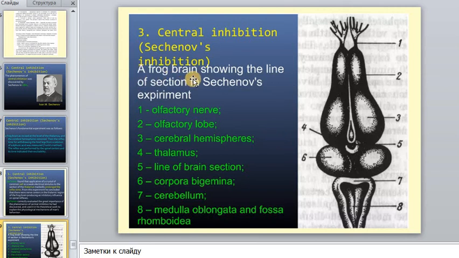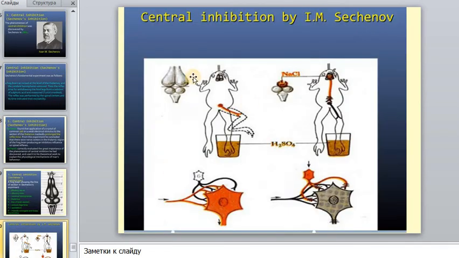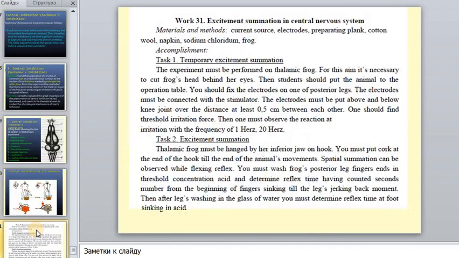on the frog brain, we will watch in the video of this lab work. You see this frog brain. At first we do the usual reflex, moving the leg in a liquid of acid, and after putting the crystal of salt we don't have the reflex, because this reflex is inhibited.